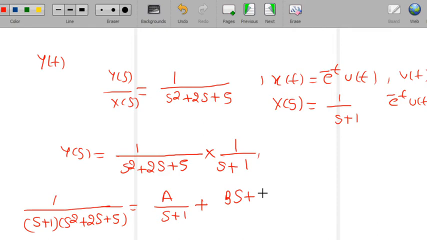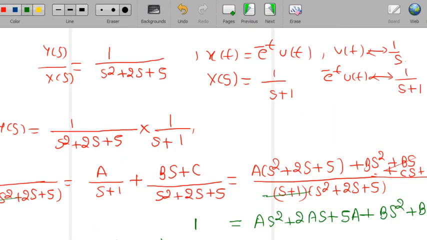The denominator part gets cancelled, so 1 equals this. We take s square common, so here a plus b; s we take common, so this becomes 2a plus b plus c; and 5a plus c is the constant.